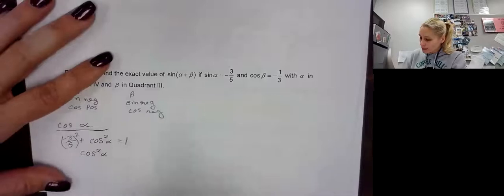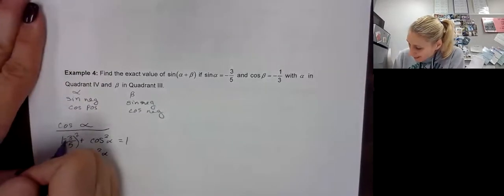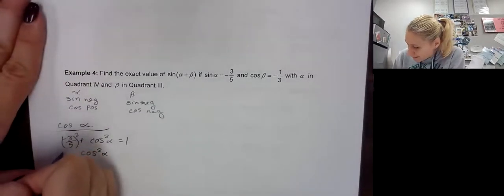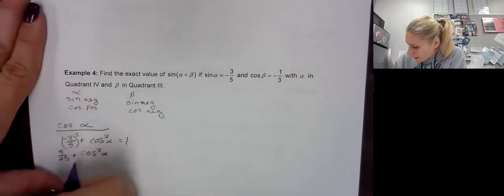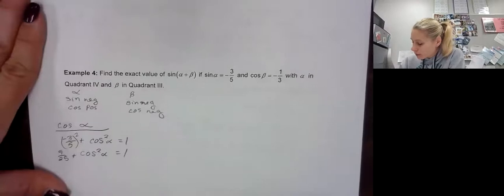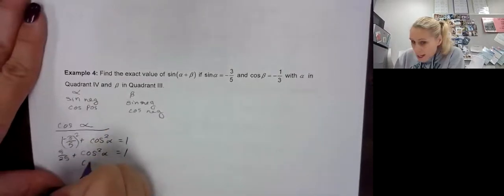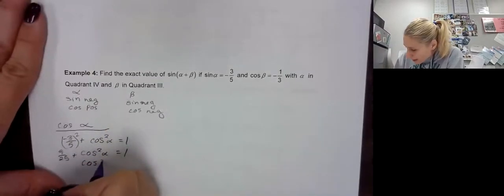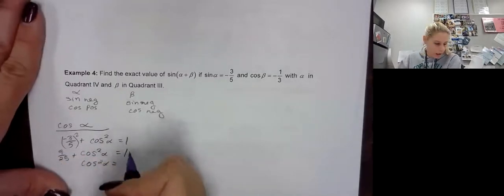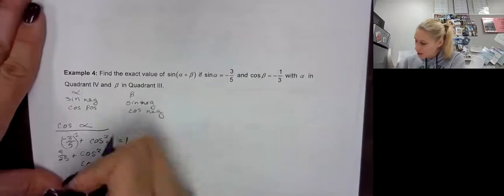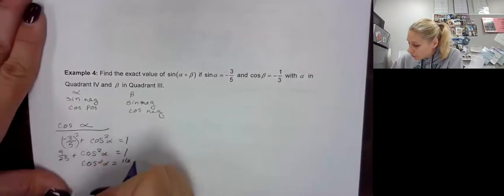So let me write one more step here. So negative 3/5 squared is 9 over 25 plus cosine squared alpha equals 1. Now let me do that algebra. So I get cosine squared alpha equals, well, if I bring that over there and now I'm actually subtracting it, I get 16 over 25.